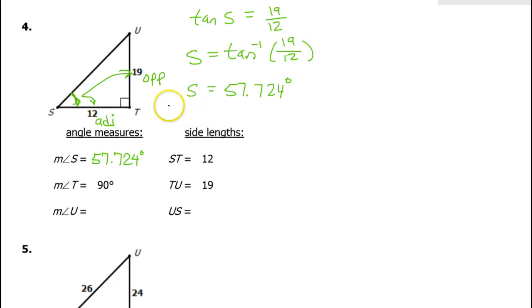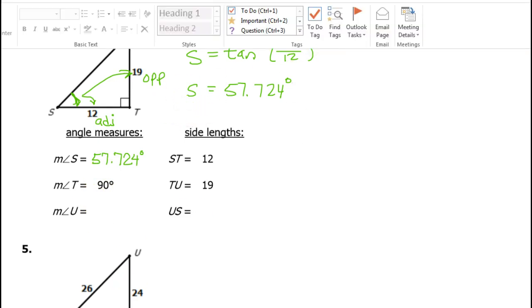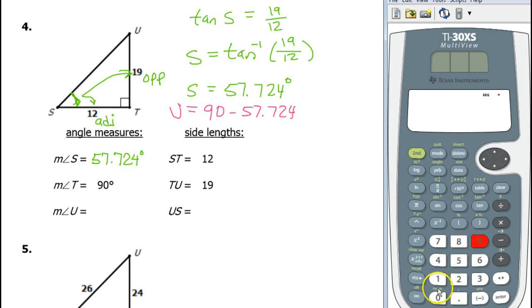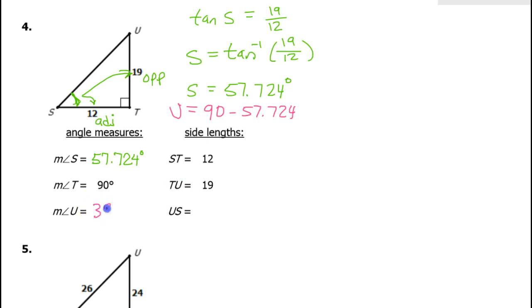So angle U should equal 90 minus 57.724. Okay, so that's 32.276. All right, and that's the same thing we would get if I did the tangent function all over again.